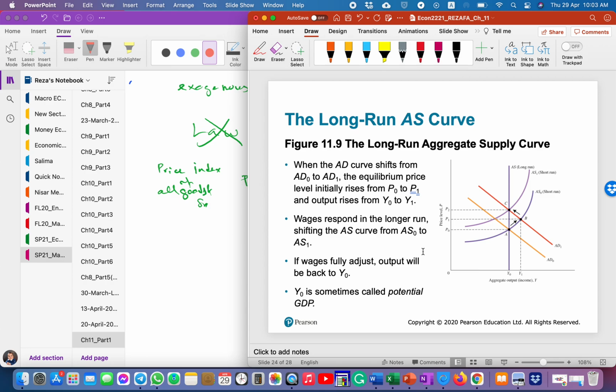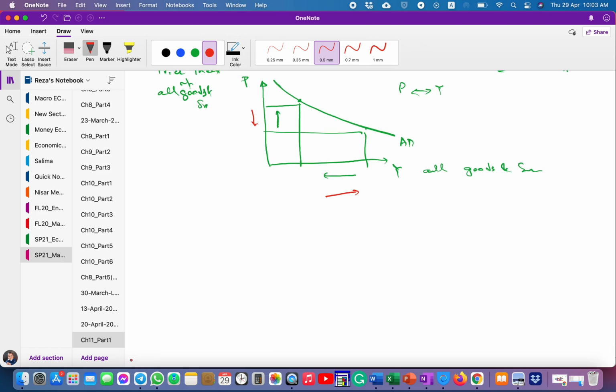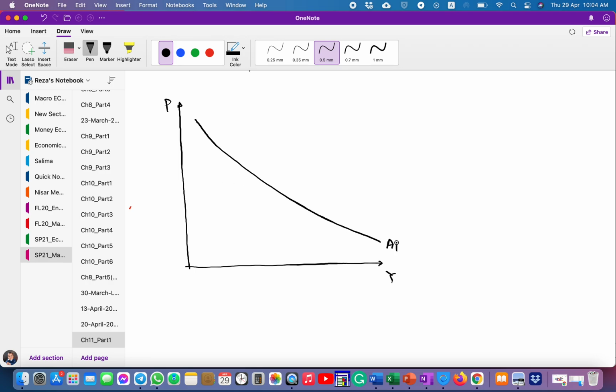Finally, now let's talk about the goods market. Basically the aggregate supply, aggregate demand, it's an interesting concept. We must be on aggregate demand.